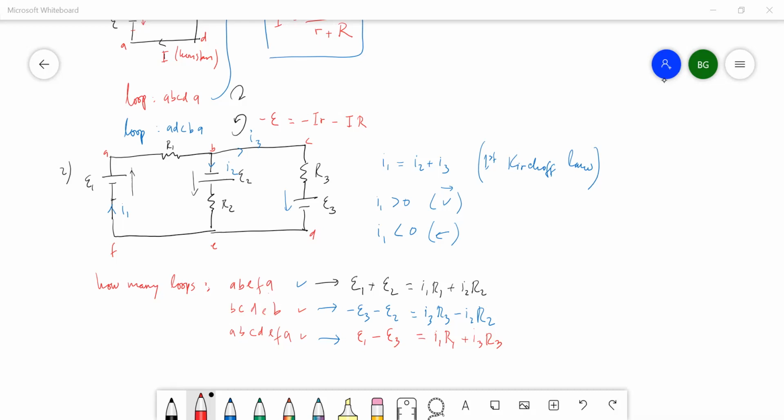Well, if you get a negative result, for example for current, you don't have to. You just say that the direction of the current is the opposite of the direction you have taken.